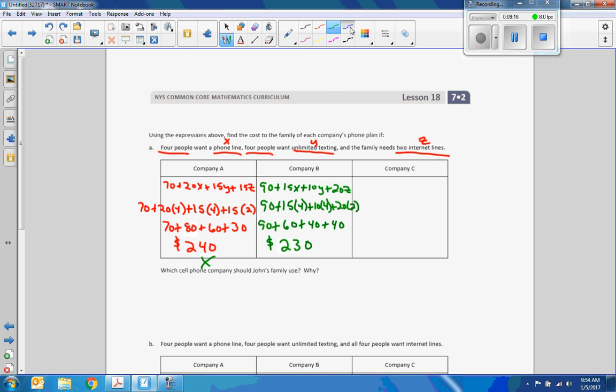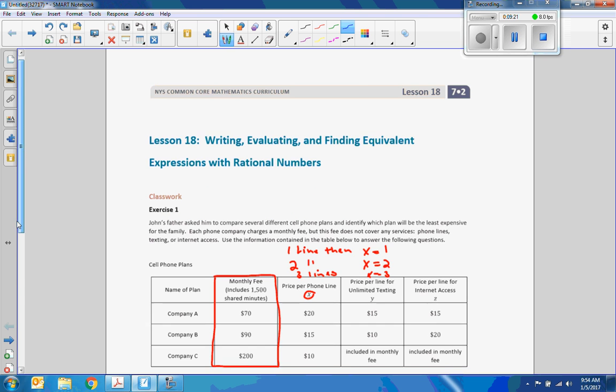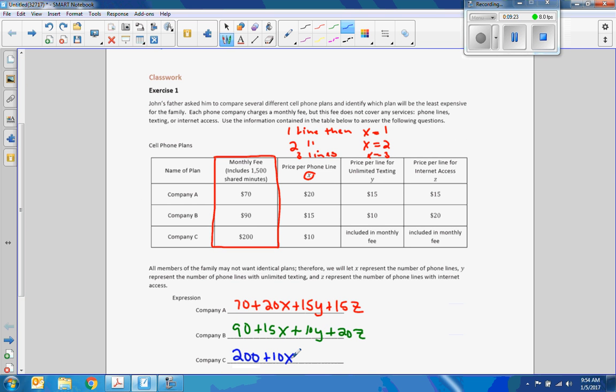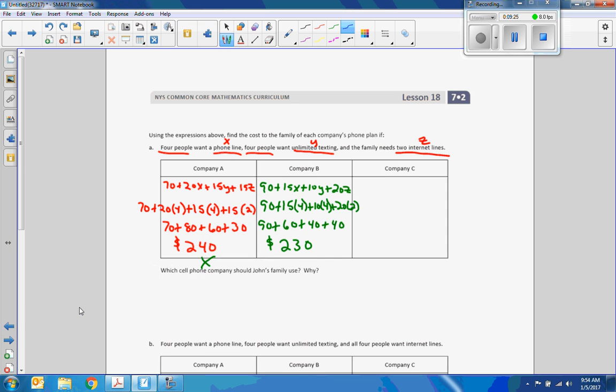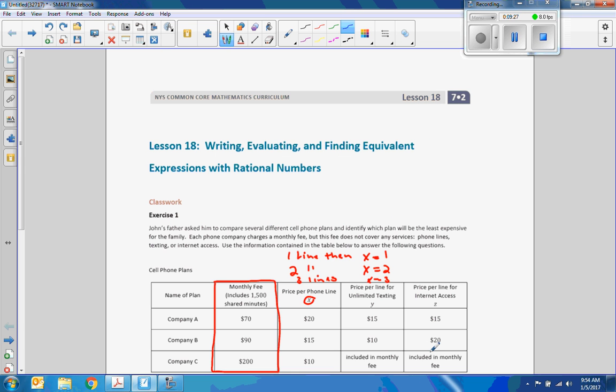But we're not done. We have to see if company C can be better than company B. So now I'm going to go back to company C, which was $200 plus 10x. Remember, the reason there was no Y or Z was because they included in their monthly fee unlimited texting and internet access.